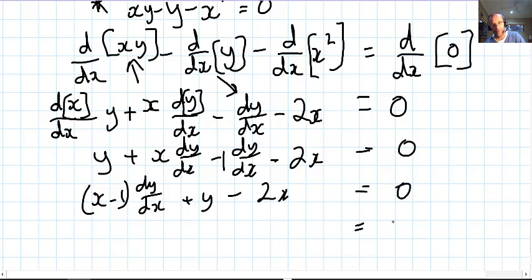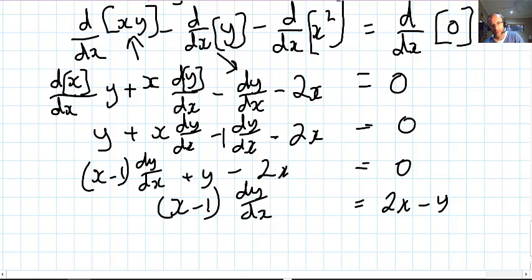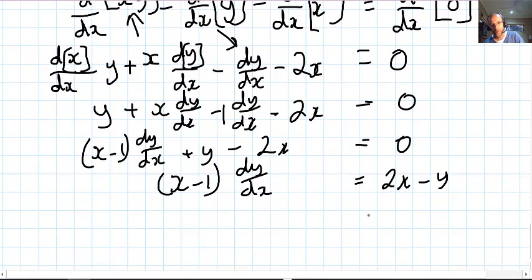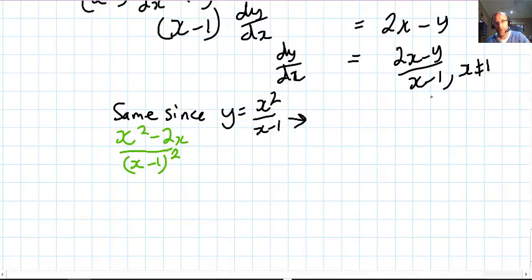We have rearrangement happening here, and we have (x minus 1) dy/dx equals 2x take y, and dy/dx is 2x take y over x minus 1, and we have a result there. You don't need to go any further than that, so there's our result.